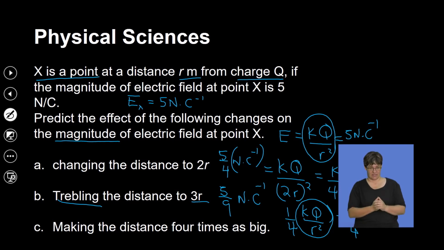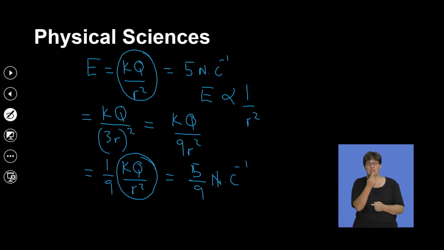What about if we make the distance 4 times as big? We need not go back to the simulation now because we've picked up the pattern. If it's 4 times as big, it's going to be kQ over 4R squared.